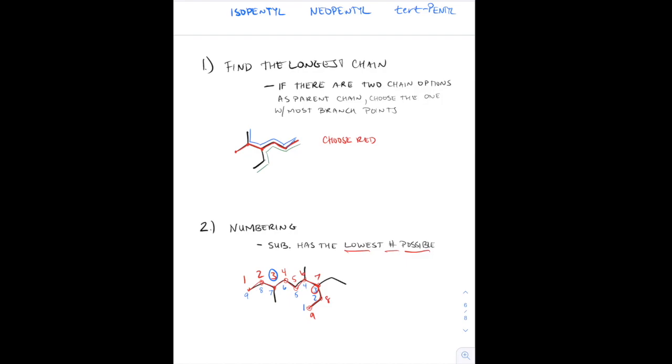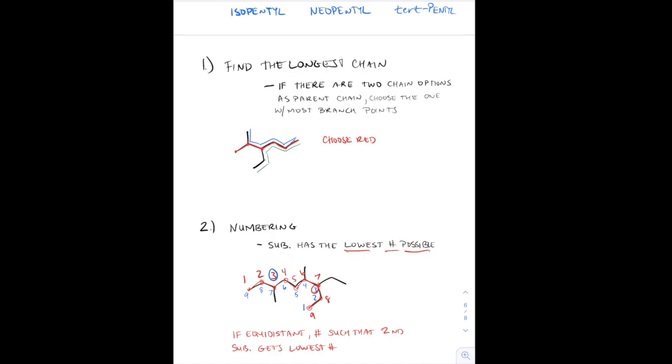Well, if they are equidistant, then what we want to do is number such that the second substituent gets the lowest number. Okay, so what do we mean by that?